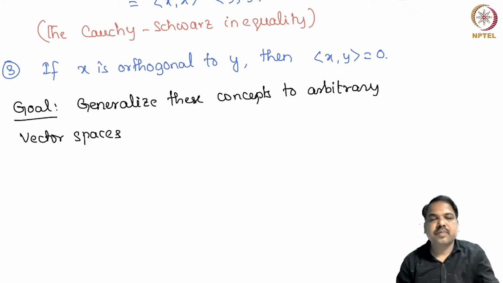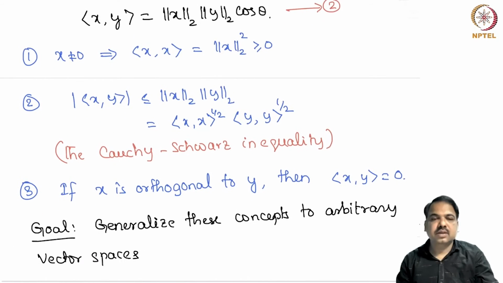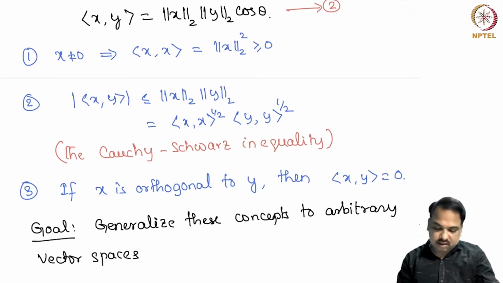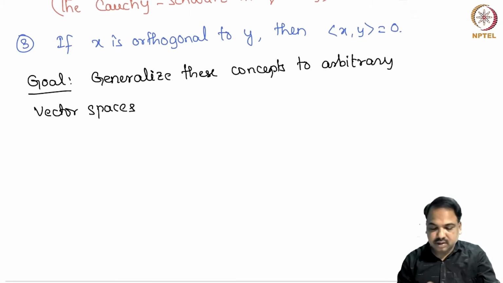If we can do this, we can discuss the angle between two vectors in a vector space, the length of a vector, and inequalities like the Cauchy-Schwarz inequality, and many more such things. So that is the goal of this lecture.